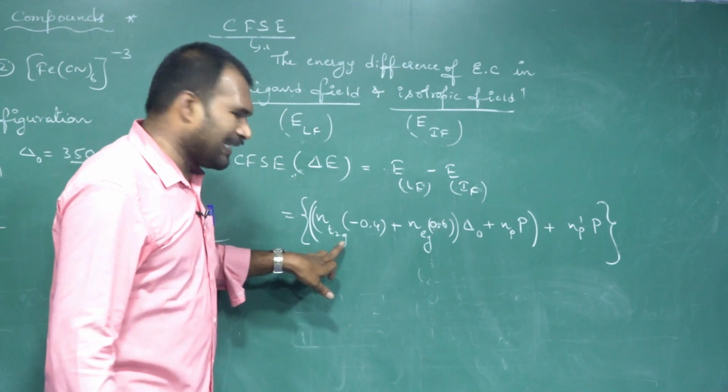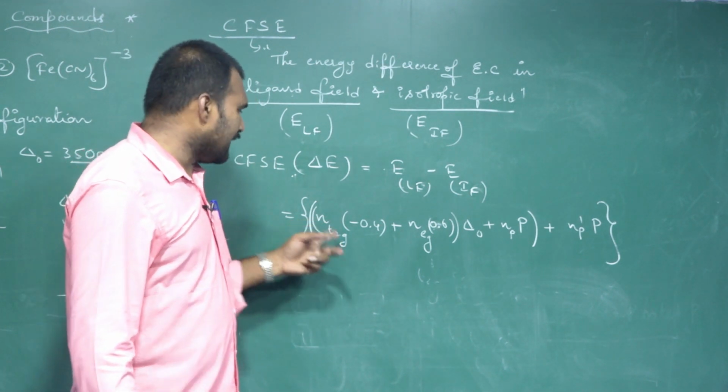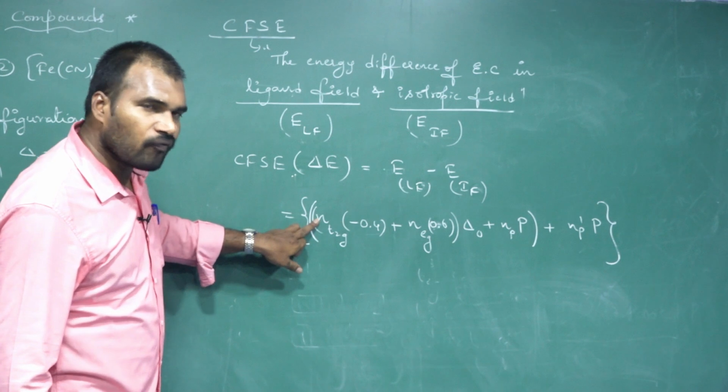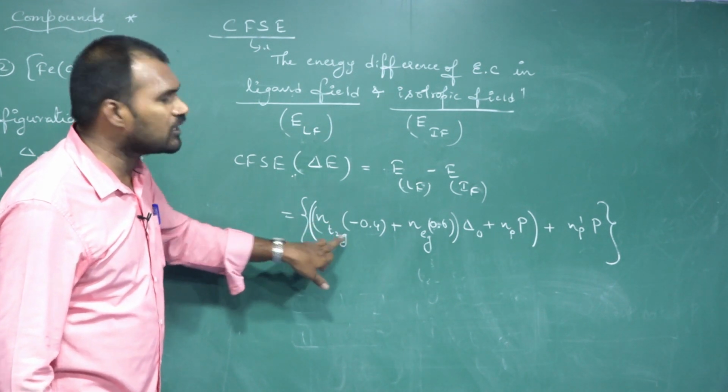So what is n(t2g)? It's nothing but the number of electrons present in the t2g set of orbitals.